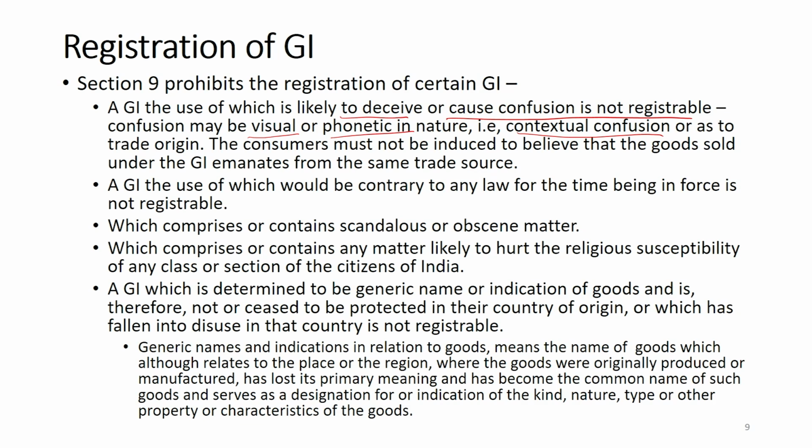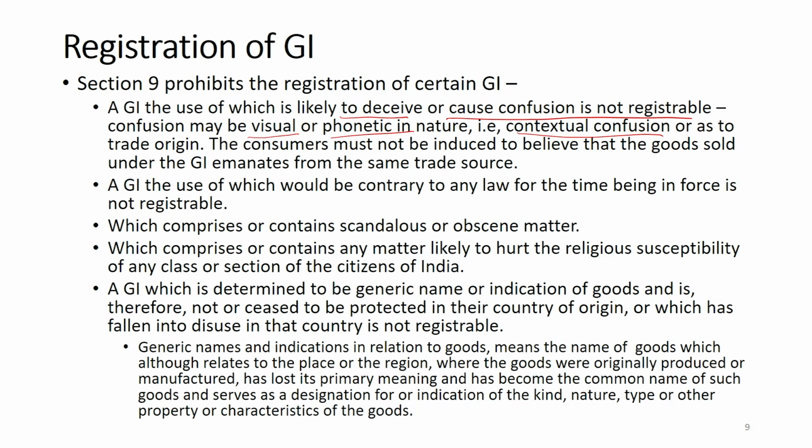The consumers must not be induced to believe that the goods sold under the GI emanate from the same trade source. So, therefore, any GI, the use of which is likely to deceive or cause confusion, is not registrable. A GI, the use of which would be contrary to any law for the time being in force, is not registrable. A GI which comprises or contains scandalous or obscene matter is not registrable.